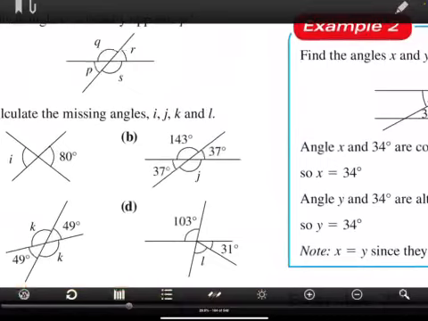Answer is 143. Or opposite or corresponding angles, it's another way, it's also 143. Or 360 degrees, subtract all of them, 143. As you progress, you have multiple ways of getting to the same answer.